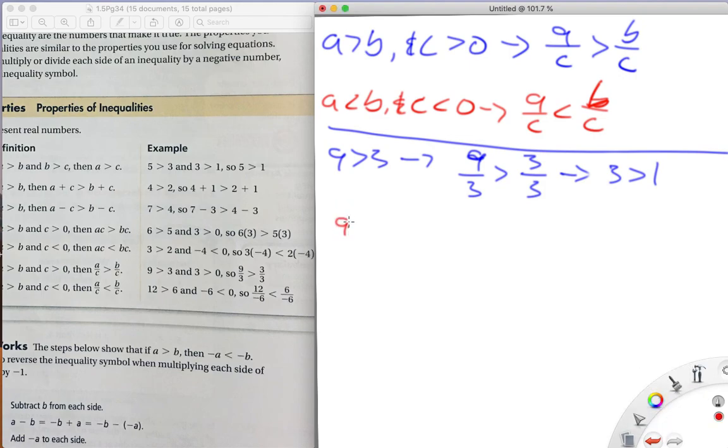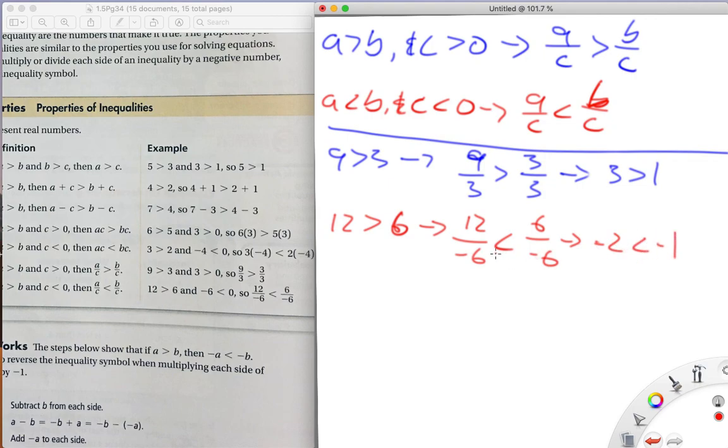If I have 12 is greater than 6 and I'm dividing by negative 6, 12 divided by negative 6 is going to be less than 6 divided by negative 6, because 12 divided by negative 6 is negative 2, and negative 2 is less than 6 divided by negative 6, which is negative 1.